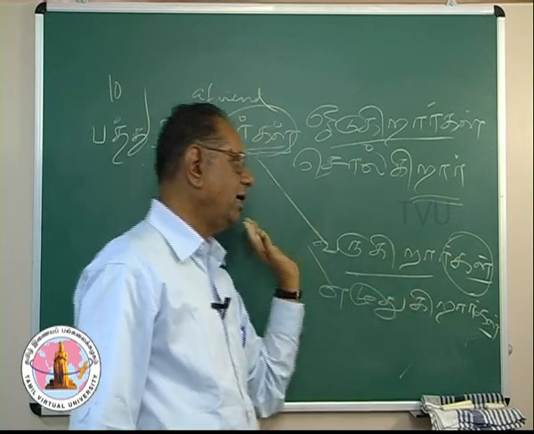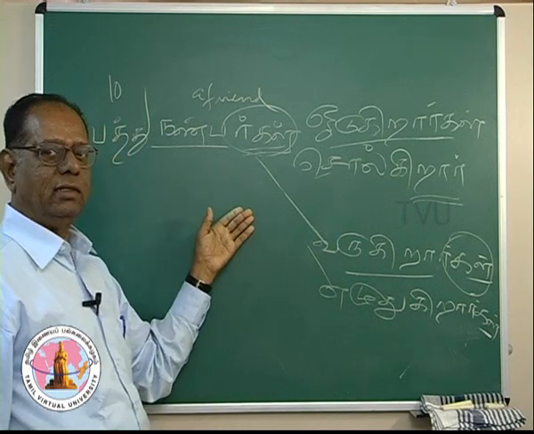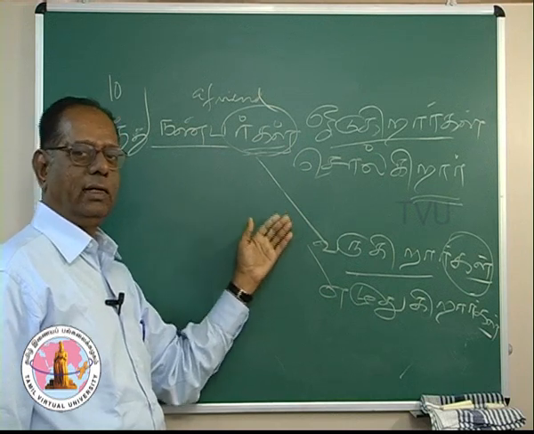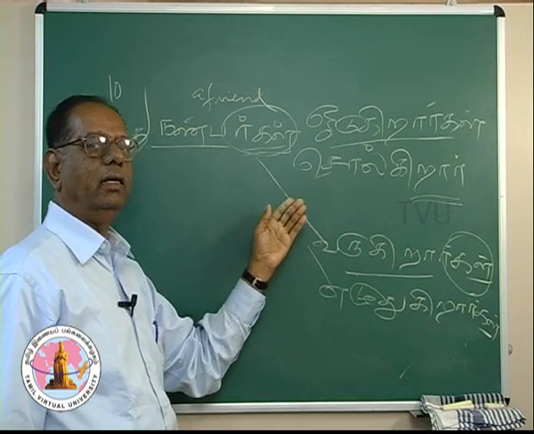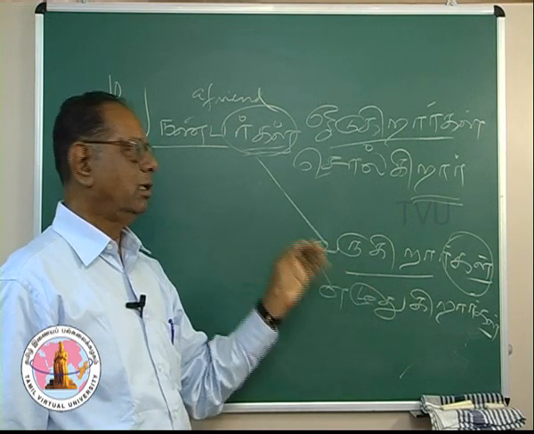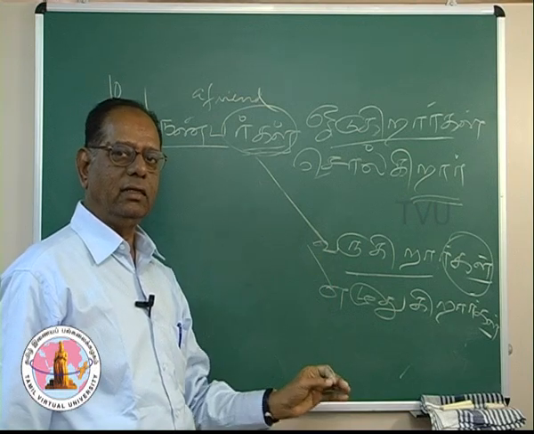So kal is added in both places. A finite verb has a subject, a verbal root, a tense marker and a person marker.